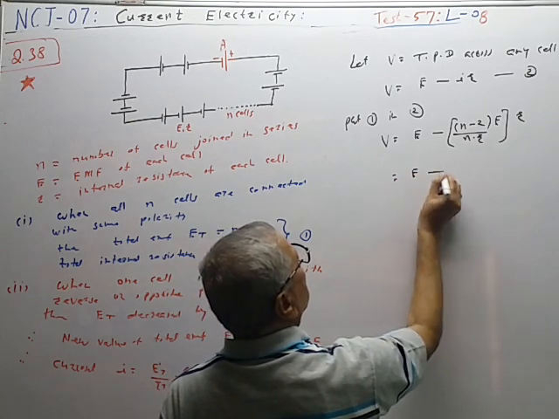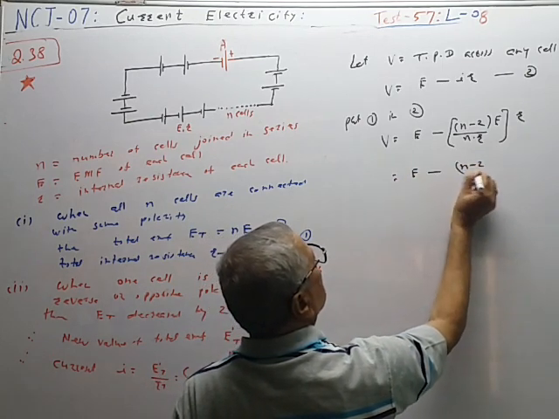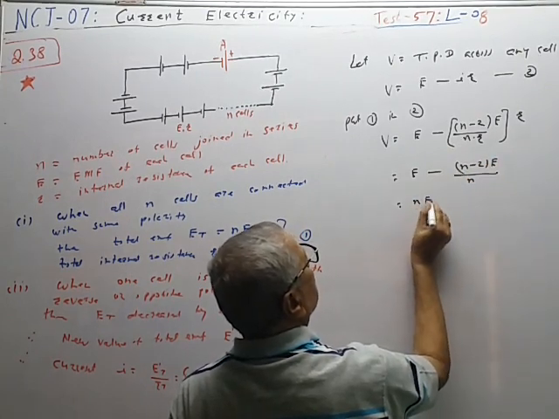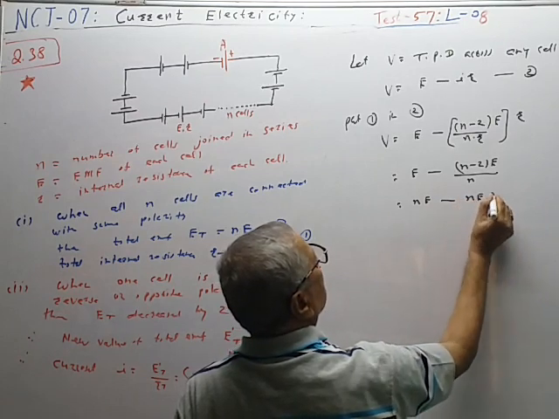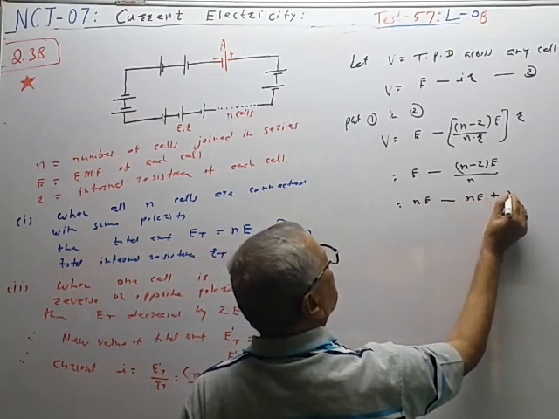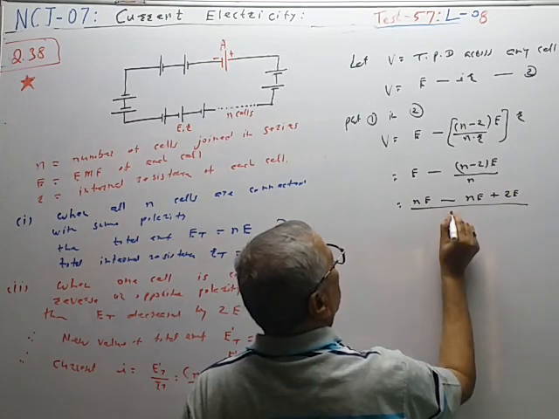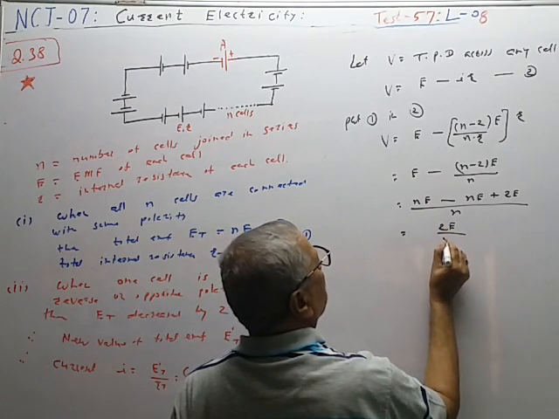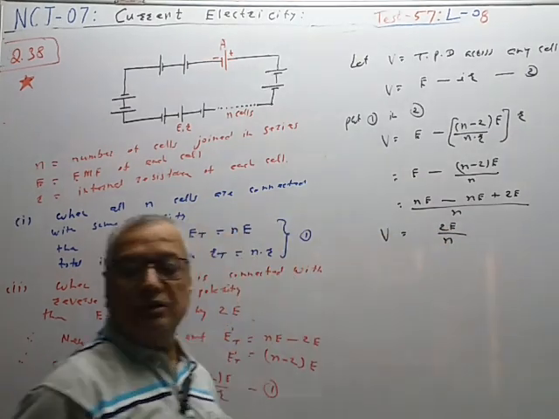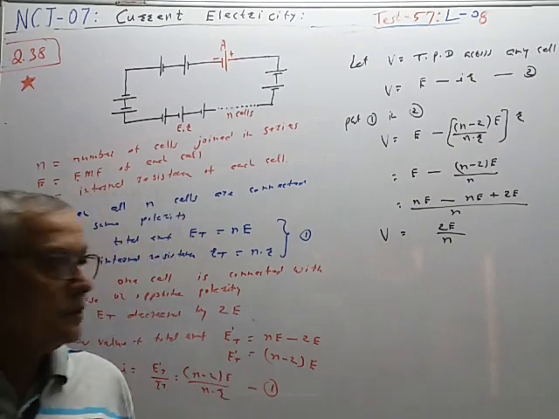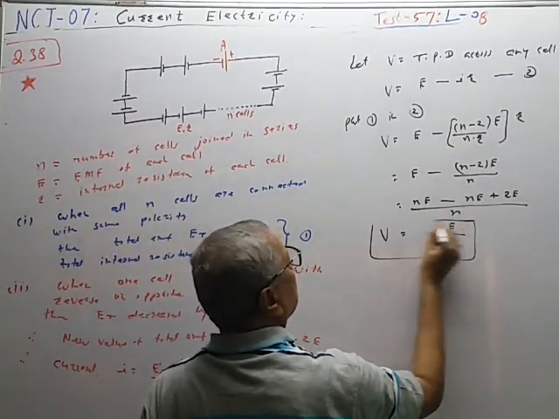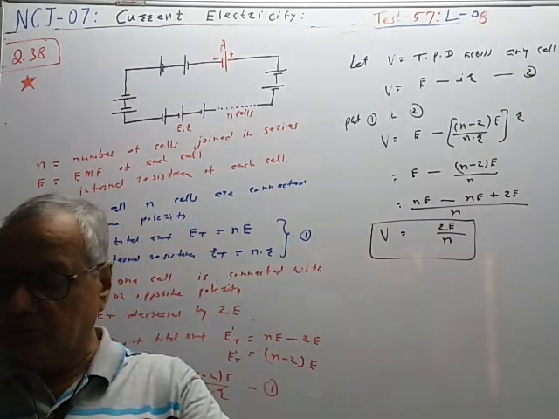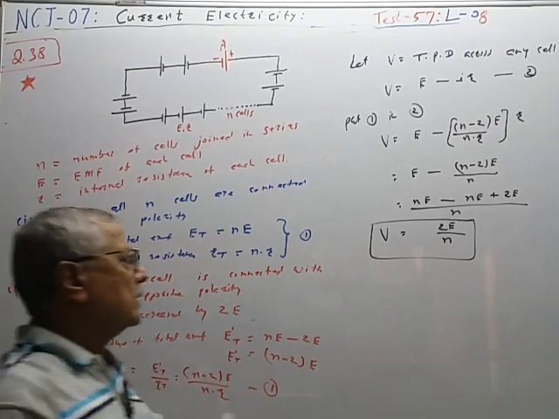So this is equal to E minus (n minus 2) into E upon n. So n into E minus n into E, minus minus plus 2 times E upon n. So n E will get cancelled. So this is equal to 2 times E upon n. So potential difference is equal to 2 times E by n. So this is the correct answer. So D choice is correct.